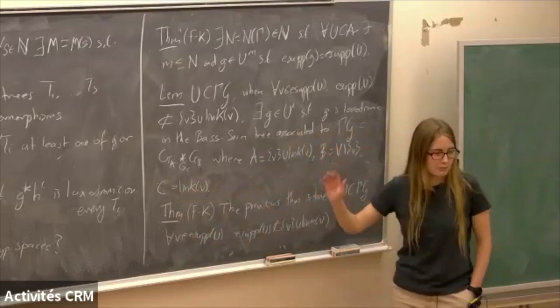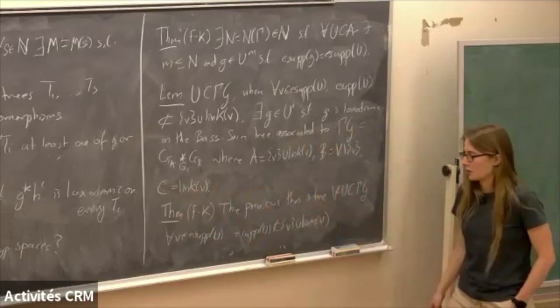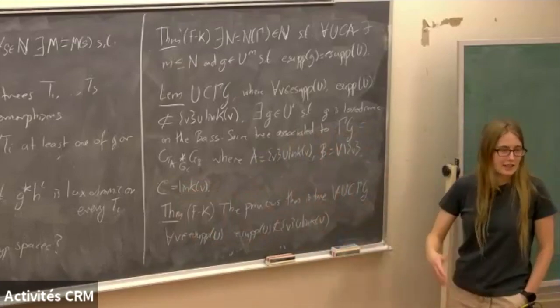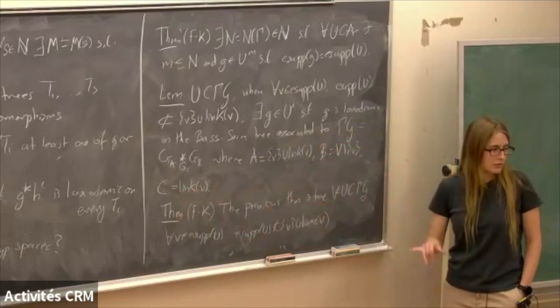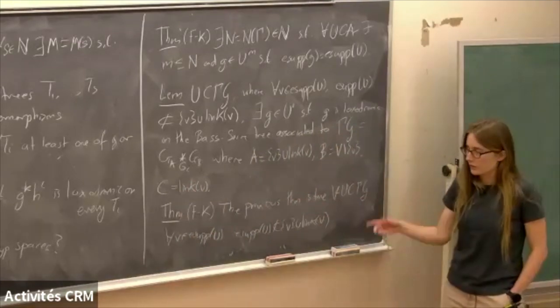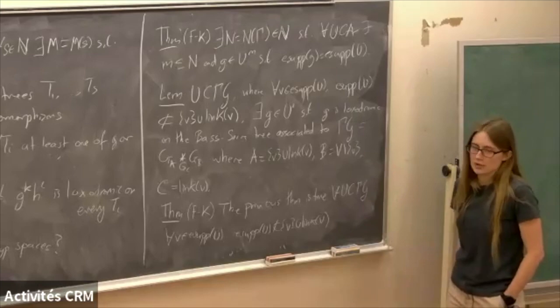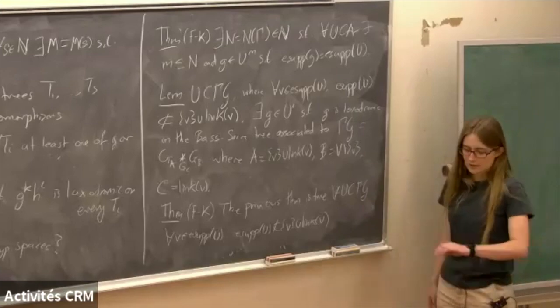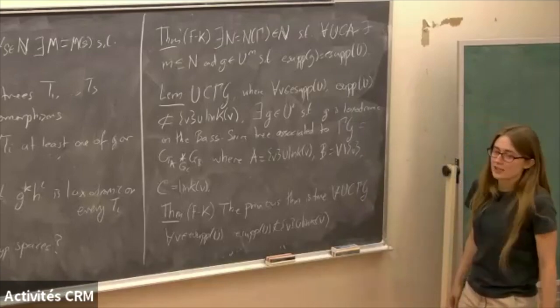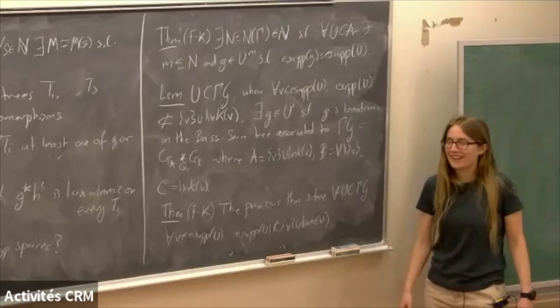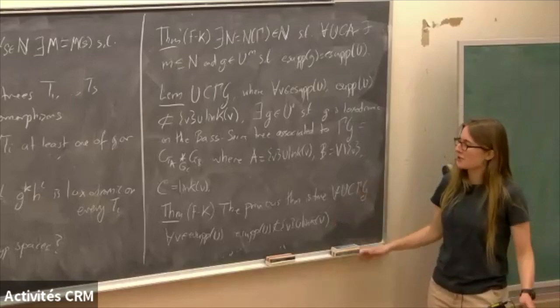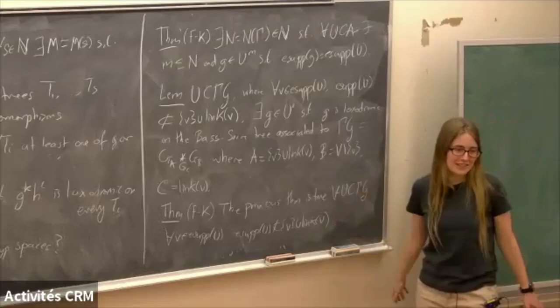But I think it'll basically be something along the lines of, as long as you're not in a vertex group or you don't define a join, then you should have this nice growth. I was actually expecting to get interrupted more. This is a bit shorter than I expected, but yeah, I'll leave it there.